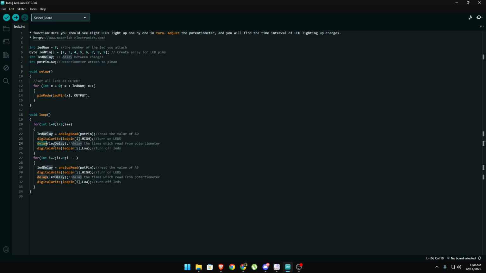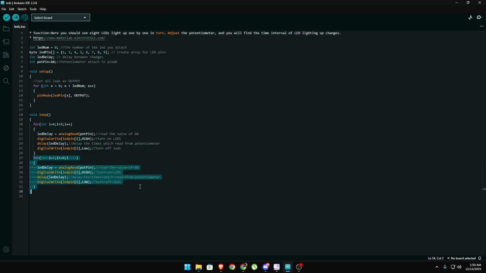Here led delay causes the delay of the LED lights, whether you make it go faster or slower. digitalWrite ledPin is the same concept as this one. The only difference is that since it's low, the output of that specific LED will turn off.